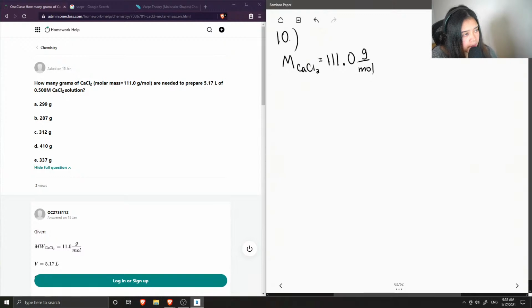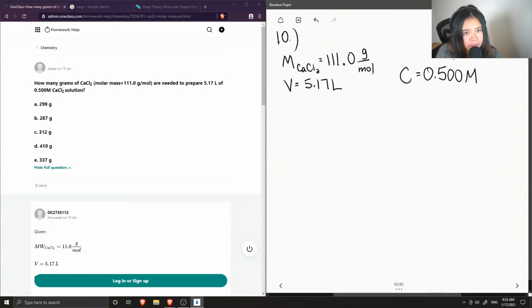We need to have a volume equal to 5.17 liters. And we know that we need to prepare a concentration of 0.5 molar.